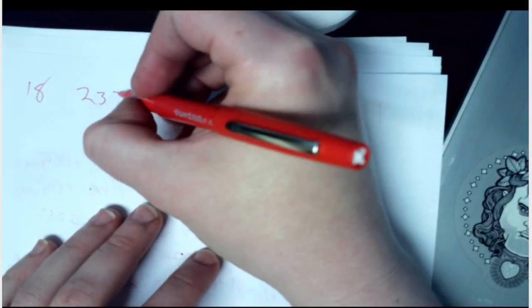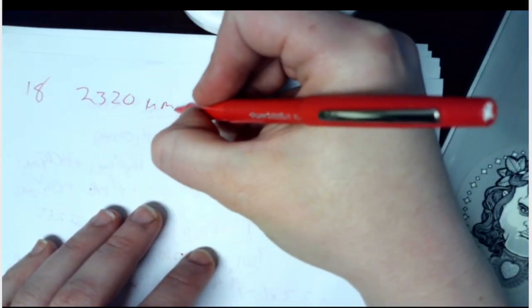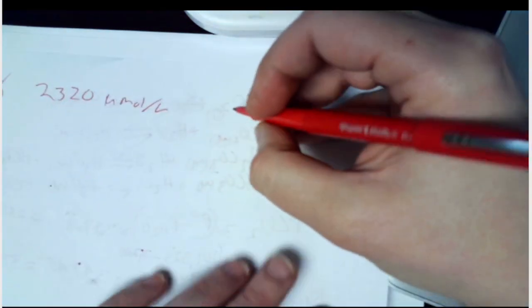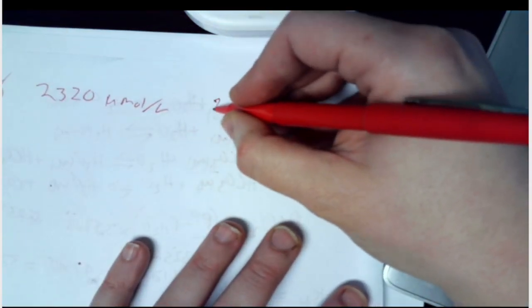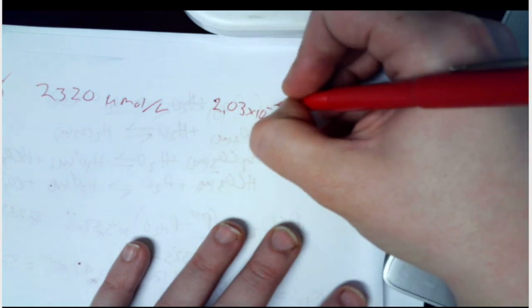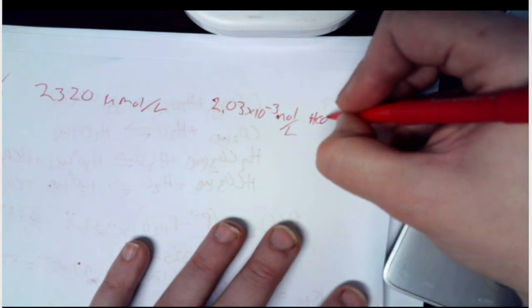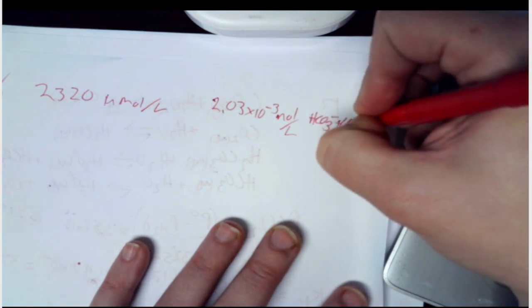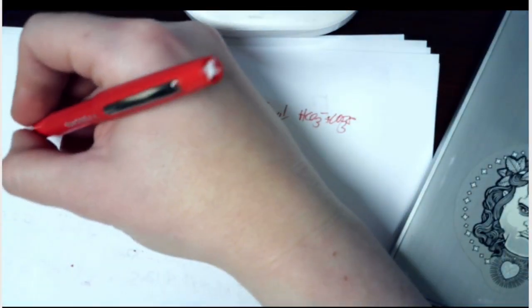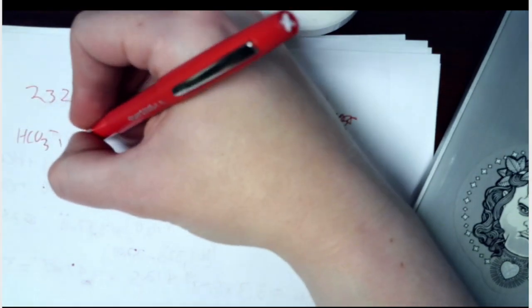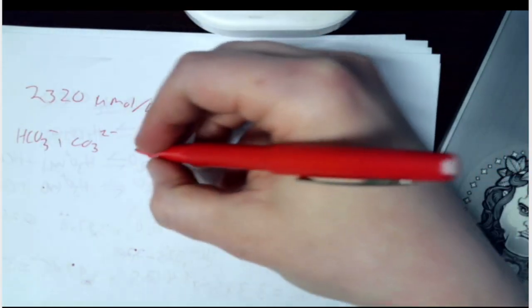It says the surface water of an open area of the Indian Ocean adjacent to Kenya has an alkalinity of 2,320 micromoles per liter and a total carbonate of 2.03 times 10 to the negative 3rd moles per liter. They want us to calculate the HCO3 minus, the CO3 2 minus, and the pH.